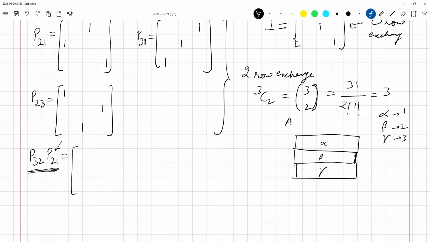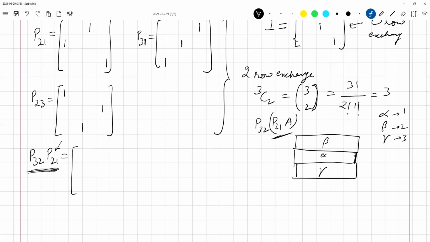Okay, these are the 3 rows of A. Now I do P21 into A. What will I get? Beta, alpha, gamma. Is it okay?